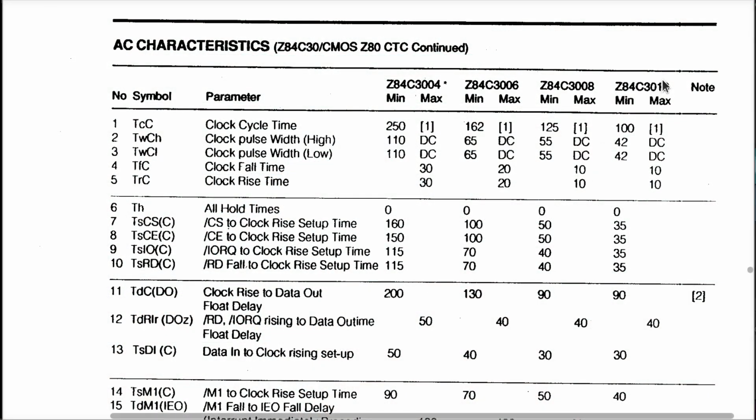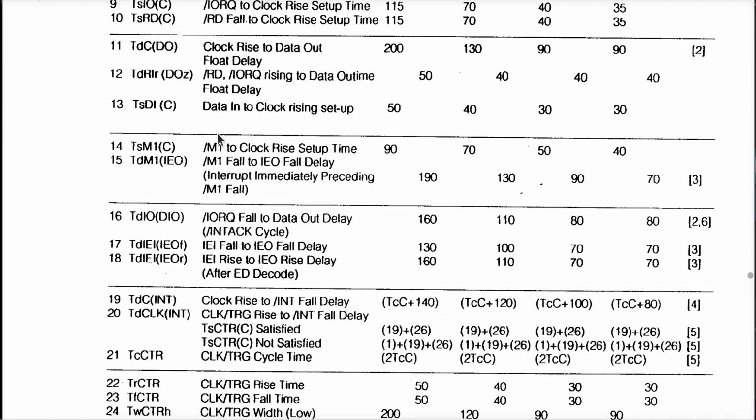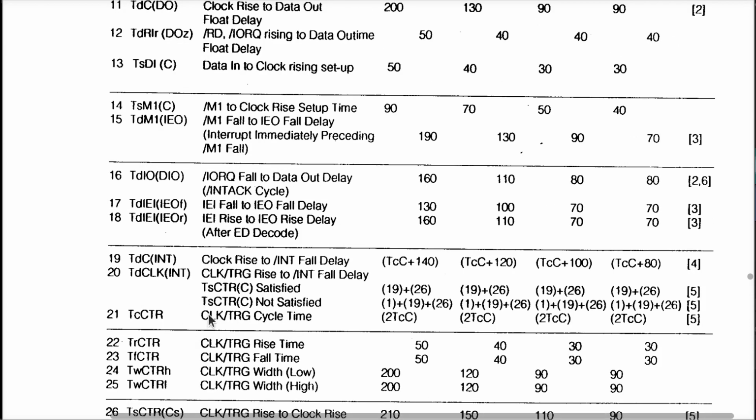Now, as you can see, here's the 10 megahertz CTC chip, 100 nanosecond minimum period for TCC, which is phi, right? The master system clock cycle time, right? So 100 nanos there. And down here we have the clock trigger cycle time, which must be at least 2 times TCC.